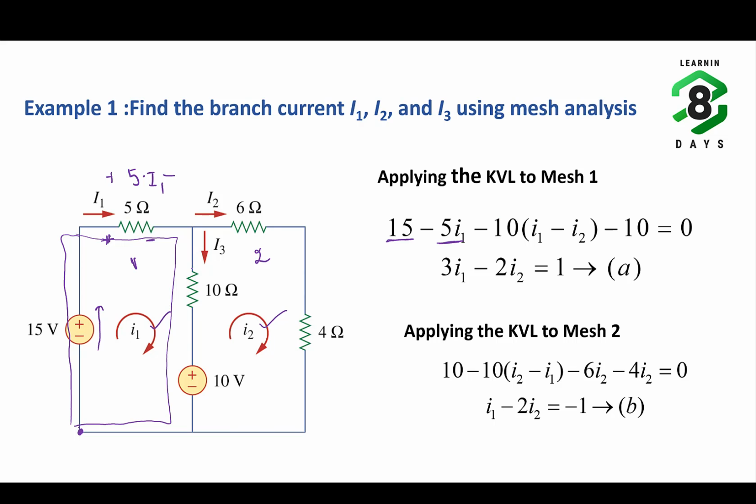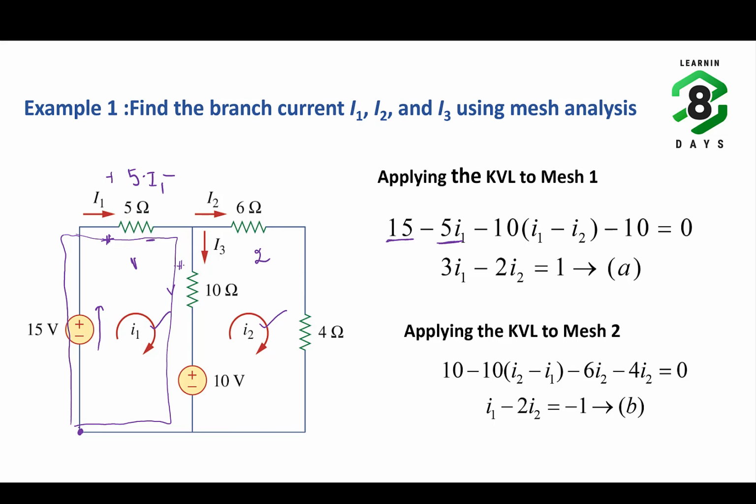In a similar fashion, when you come here, the current flowing in the clockwise direction is I1, the current flowing in the anti-clockwise direction is I2 across this 10 ohm resistor. So the net current that is flowing in our traversal direction is I1 minus I2. Again it is a potential drop.